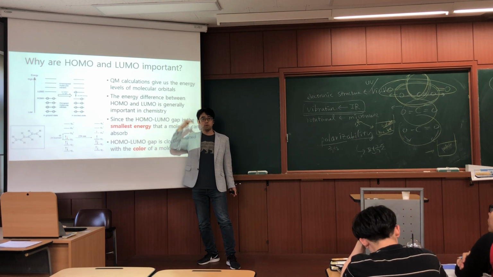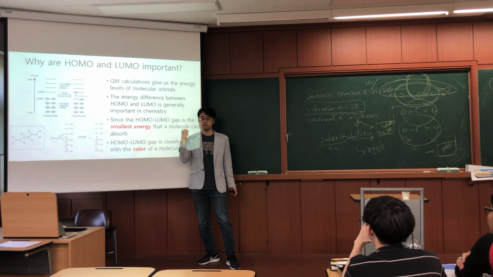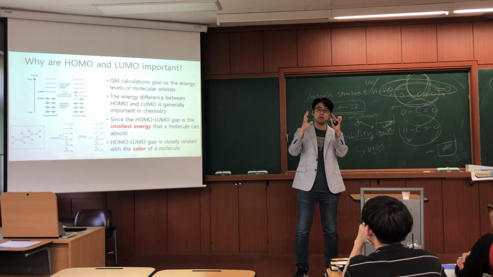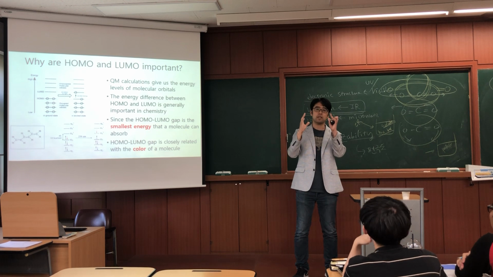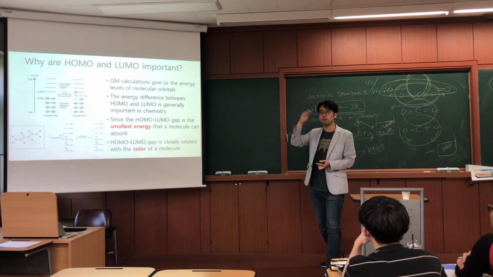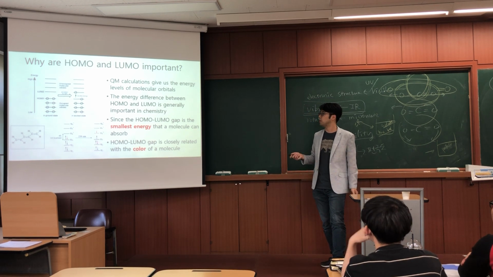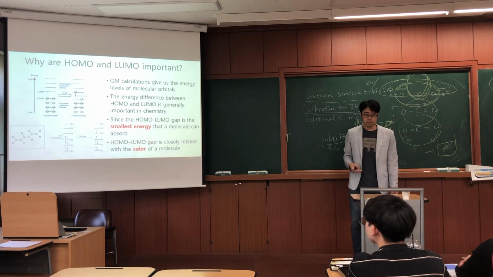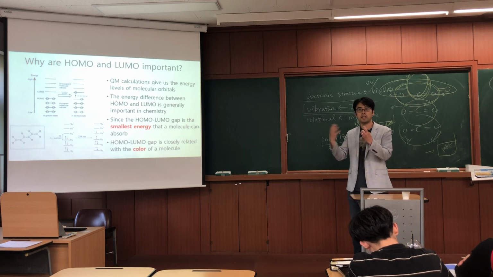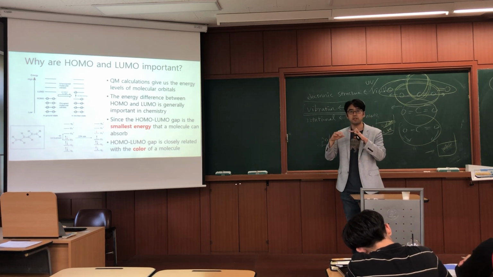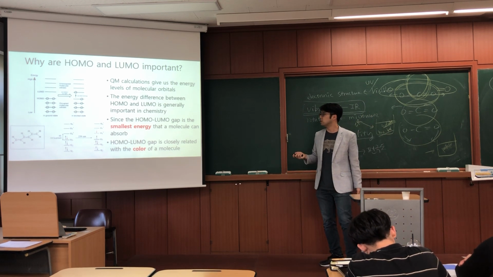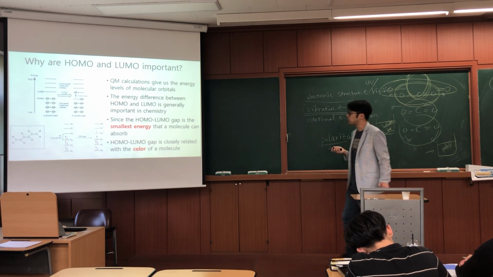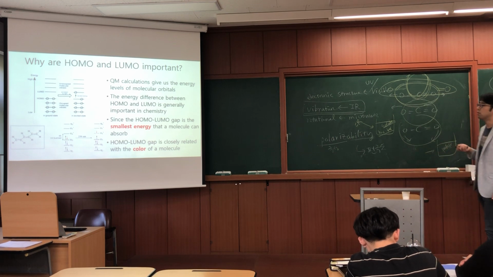So most of the HOMO-LUMO transitions actually absorb visible light, and because of that, if some molecule has a certain color, it means that its HOMO-LUMO transition absorbs visible light. So if you are interested in light absorbing or light emitting molecules, all those changes happen between HOMO and LUMO orbitals. That's why we care about HOMO and LUMO orbitals generally.